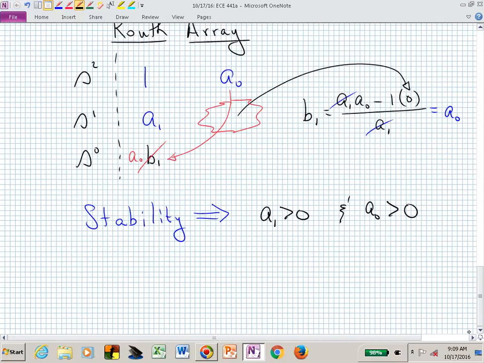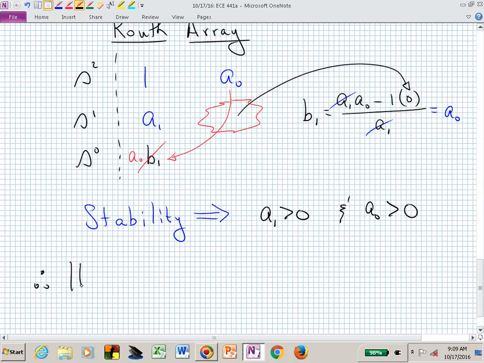And that was actually the necessary condition in the Hurwitz test. And in this case, for a monic second order, that's also a sufficient condition. So just having those coefficients present and positive allows you to conclude for a second order, and only a monic second order, that you do have stable poles in the left half plane.